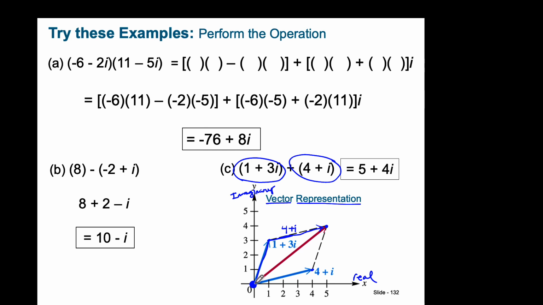If you started here, you walked to here, and then you walked to here, you would end up right here. The addition of those two vectors would just be taking the shorter path, starting from the origin and walking directly to the point right there. And that vector right there in red can be represented by our answer, 5 plus 4i.